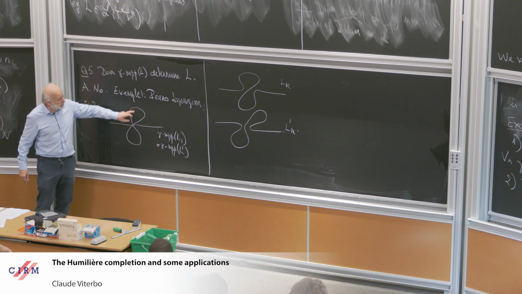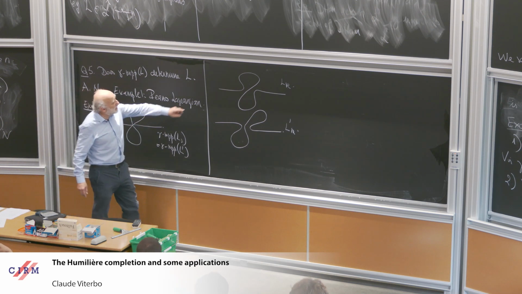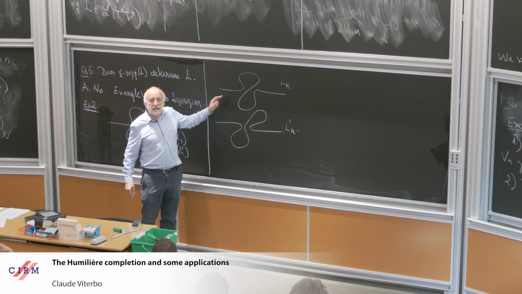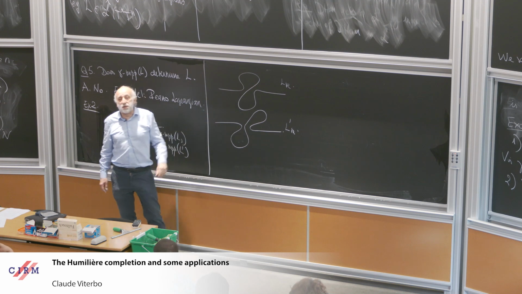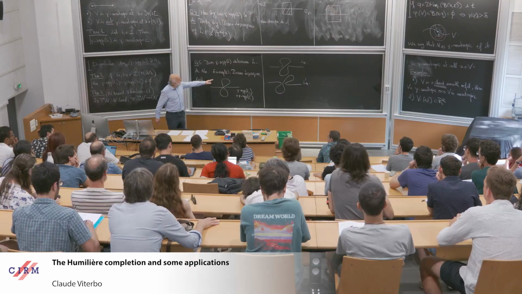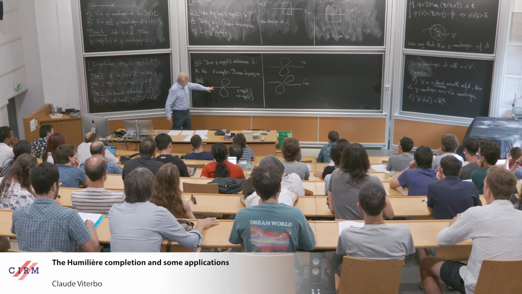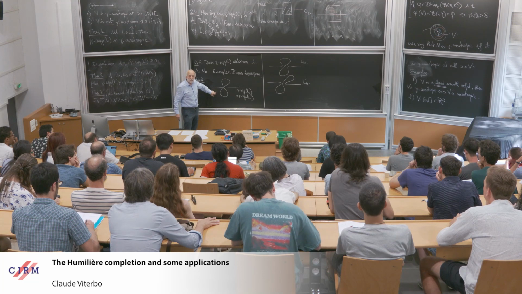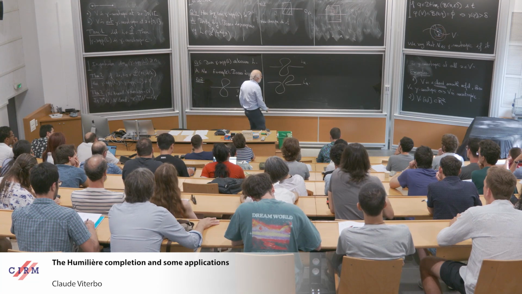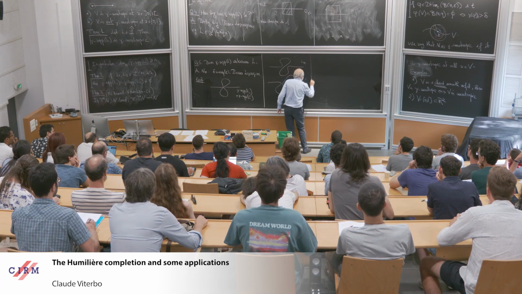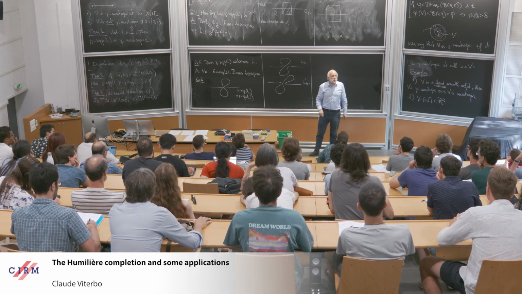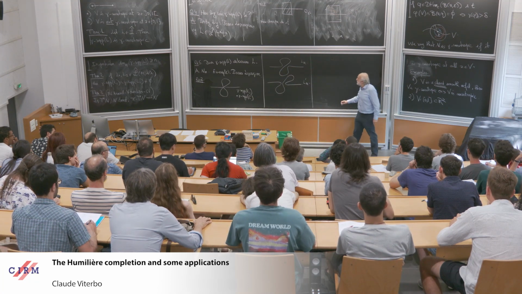So here you have an example of something which is the gamma support of two objects in the completion, and a conjecture that these are the only elements which have this gamma support. Okay. So that's, as many conjectures, just a conjecture motivated by a lack of examples.